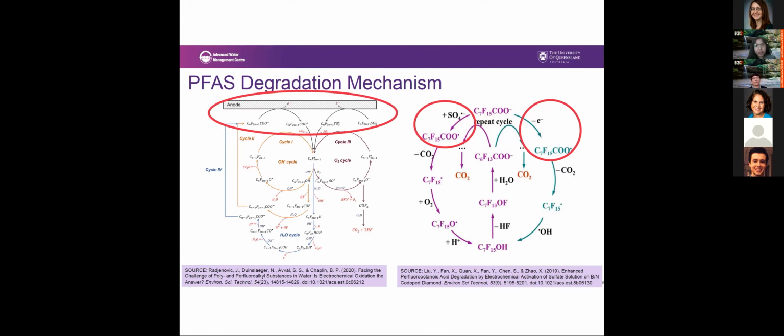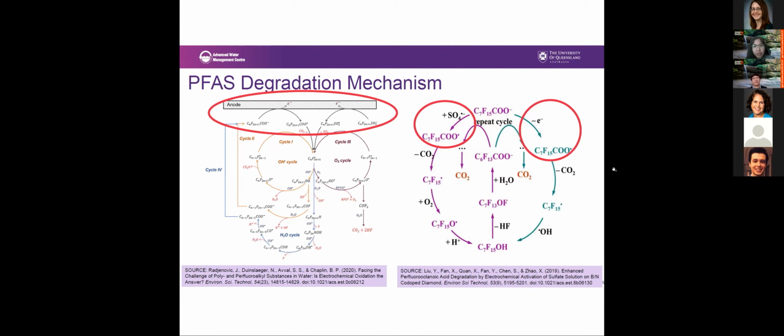However, for the recent application of sulfate radicals, the studies that are available so far for PFAS degradation are mainly focused on PFOA and HFPO-DA.